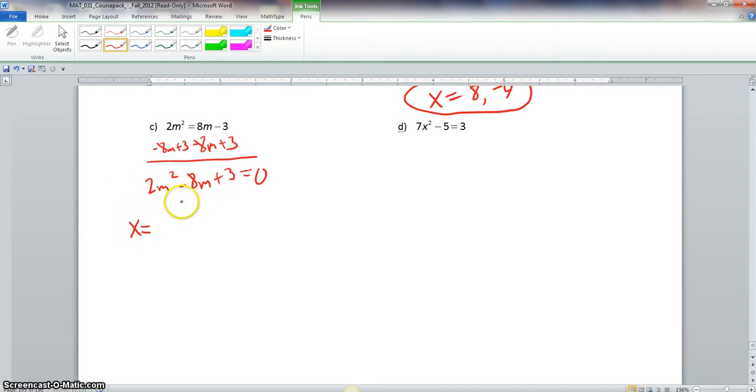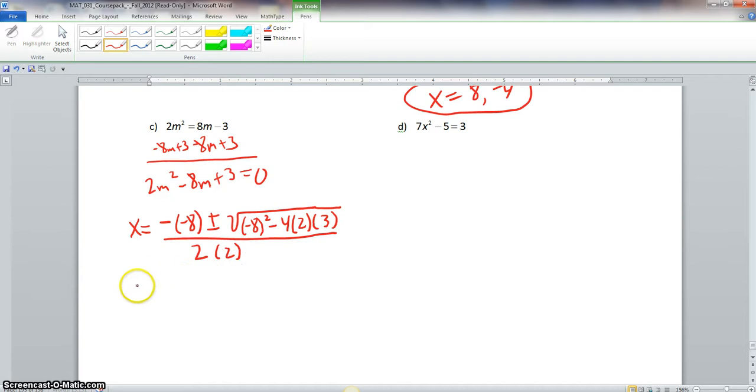We got x is equal to the opposite of b, which is negative 8, plus or minus the square root of negative 8 squared minus 4, where a is 2 and c is 3, all over 2 times a, which is 2.